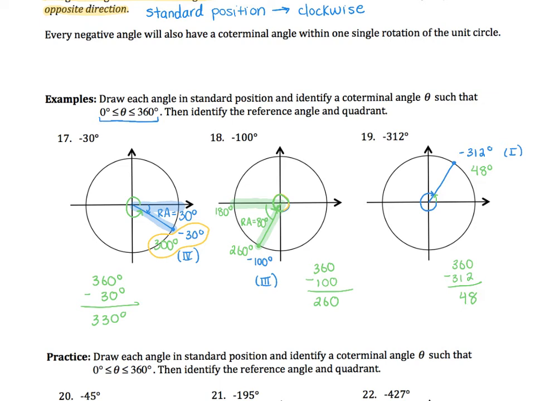And reference angles, if you're in quadrant 1, are very easy, right? What is the angle between 48 degrees and the x-axis? Why, that would be 48 degrees. So if you're in quadrant 1, your reference angle is the angle itself, as long as it's positive, okay? So just remember, reference angles, they're always acute and they're always positive.